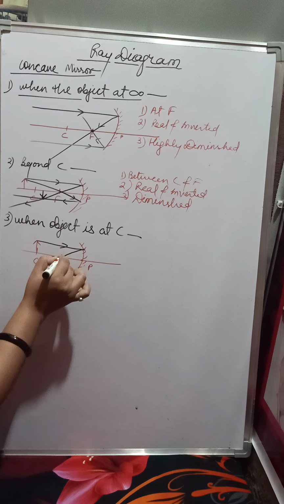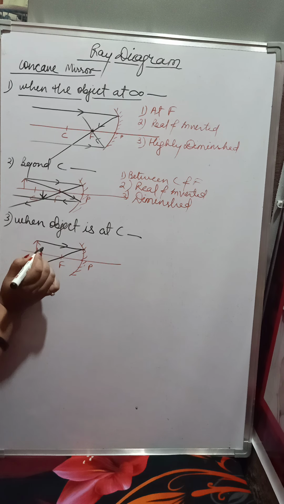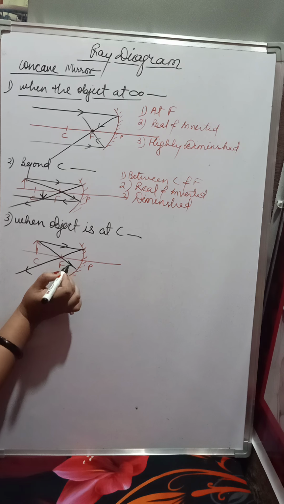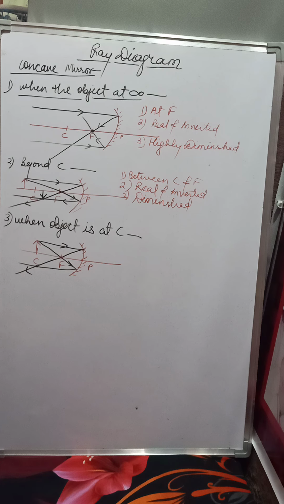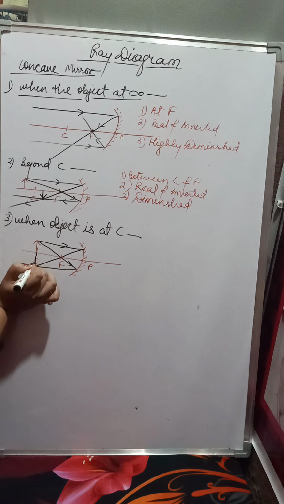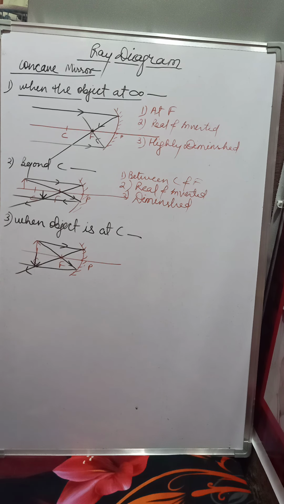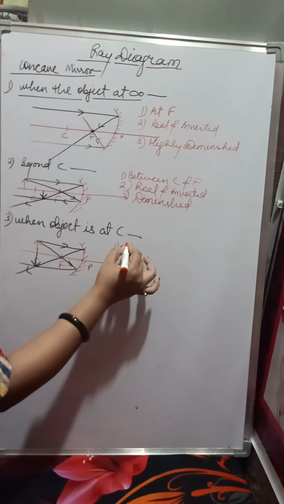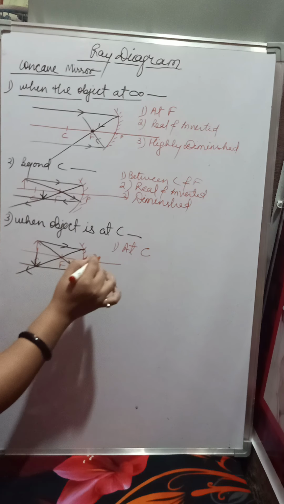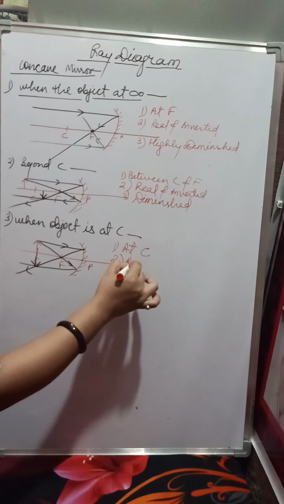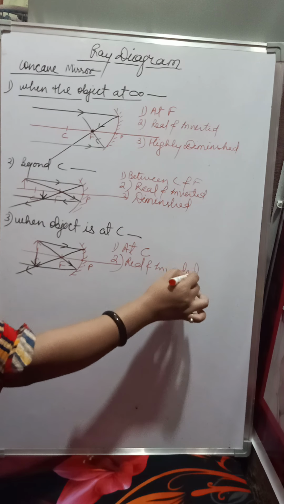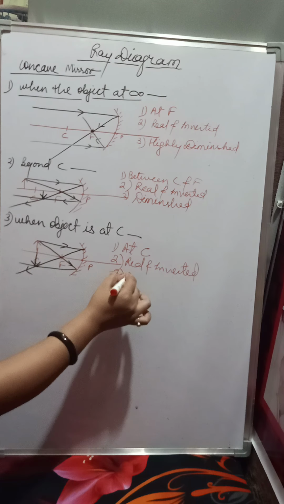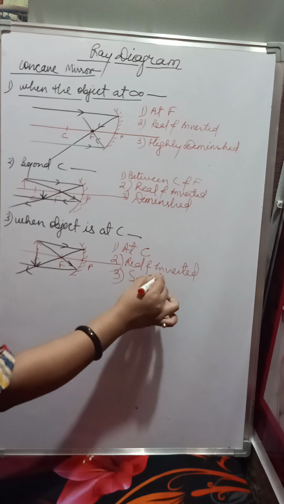After reflection, it will pass through the focus. Second light ray, if it passes through the focus, then after reflection, it becomes parallel to the principal axis. These two light rays are intersecting at this point. So, the image is formed at C. When the object is placed at the center of curvature, the image is also formed at the center of curvature. And the same property, real and inverted. And it is of the same size.